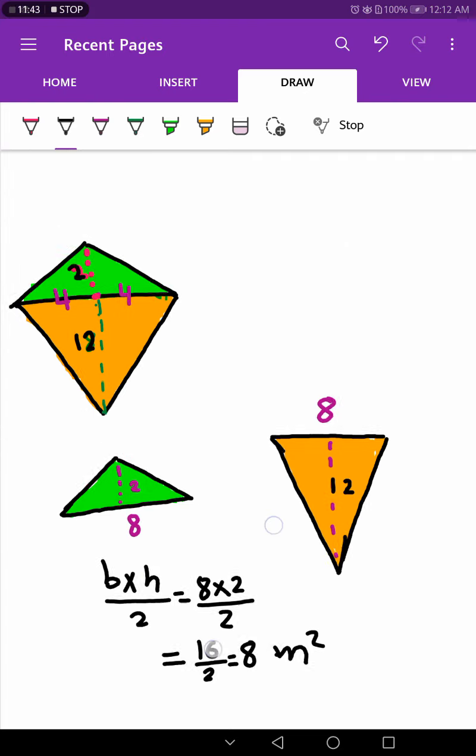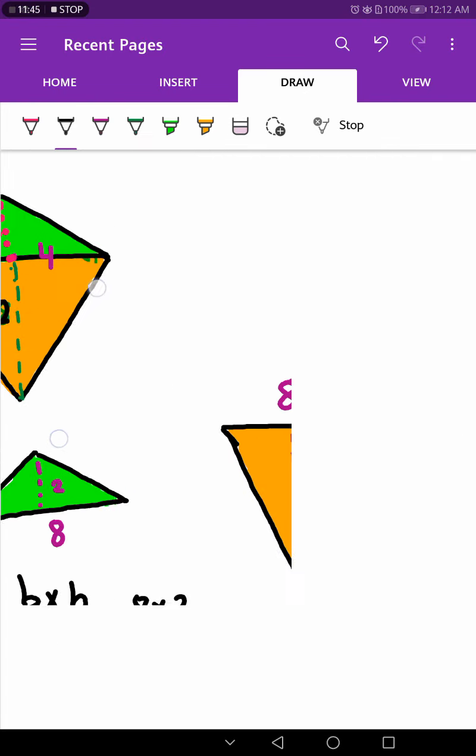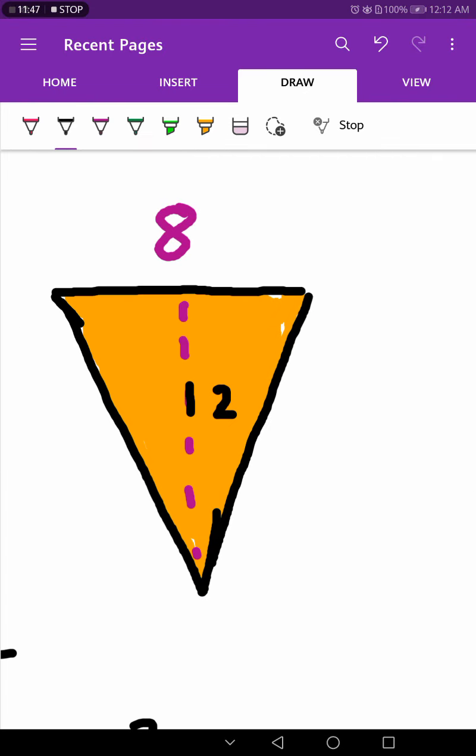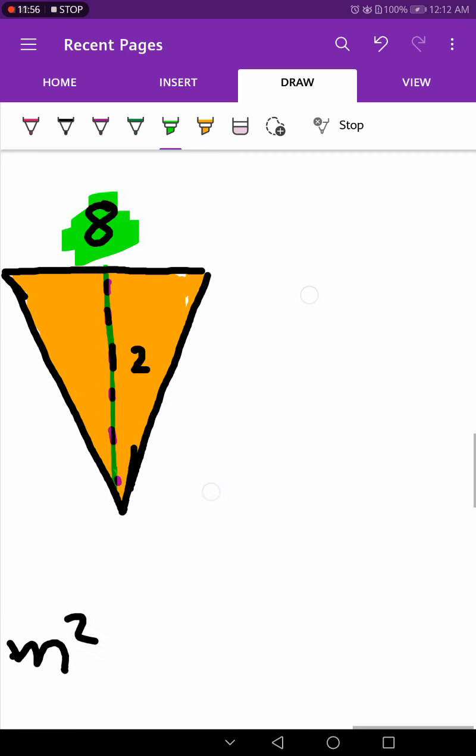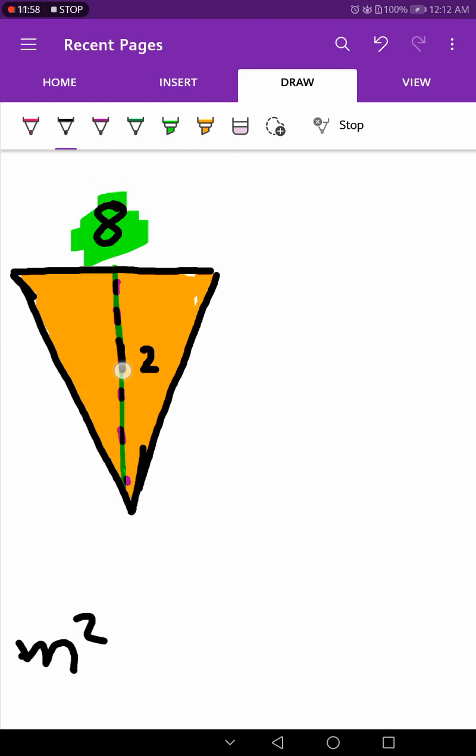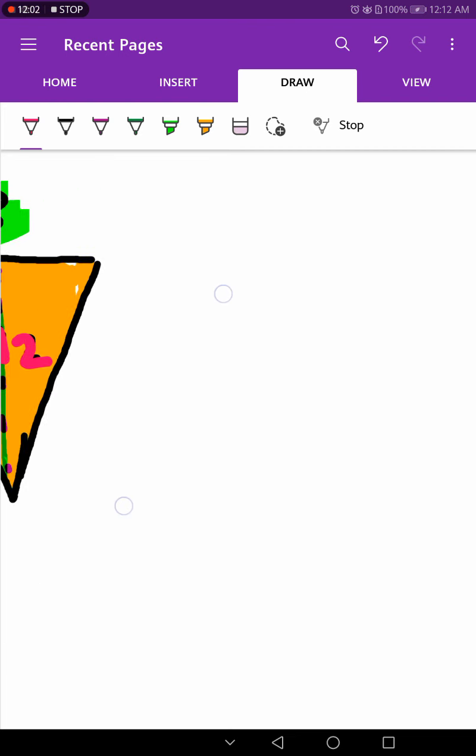What about the big one here? Yes, the base is 8 and the height is 12. Now how do I find it?